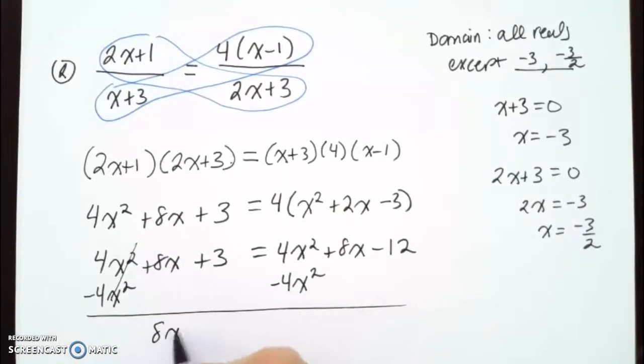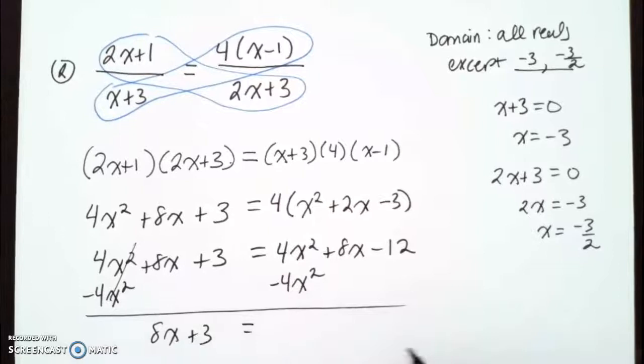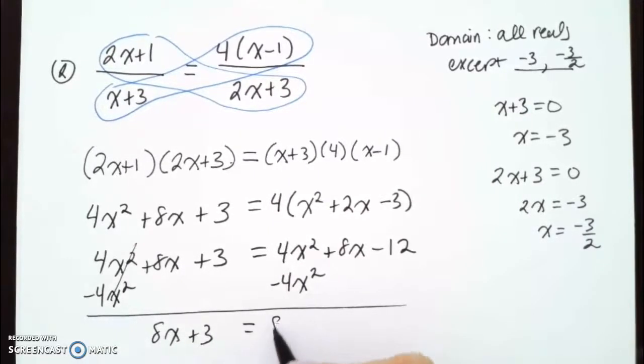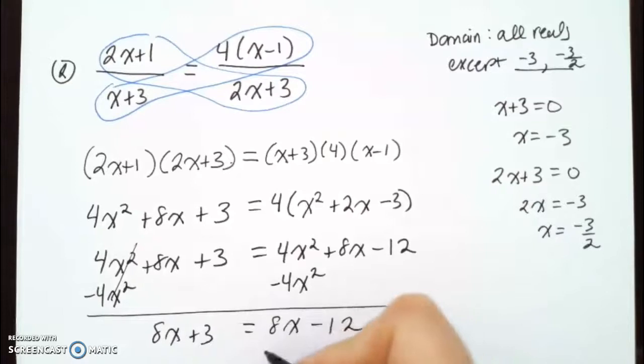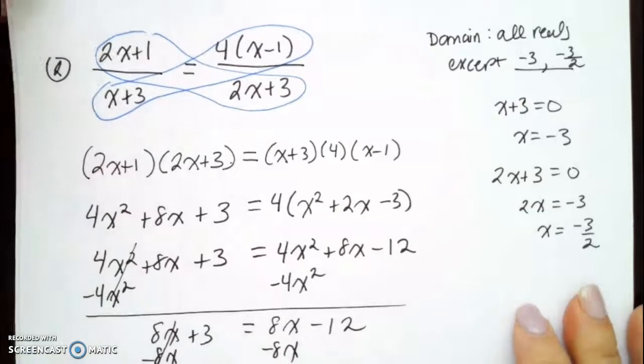Here I have 8x plus 3 equals 8x minus 12. So by trying to isolate my variable 8x, I will see that the x's cancel, and I'm left with 3 equals negative 12. Oops, which you can't see on your screen.